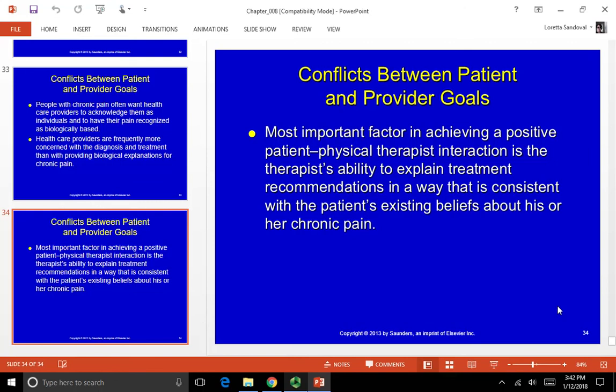If you tell them, I could massage you all day and it's not going to change your pain, but if we come up with strategies that you can use, if you can explain that to them in a way that is consistent with their beliefs about their pain, they are going to get better. So the way we treat chronic pain patients can make the difference between improving their pain and not making any difference. It's a huge, big deal.